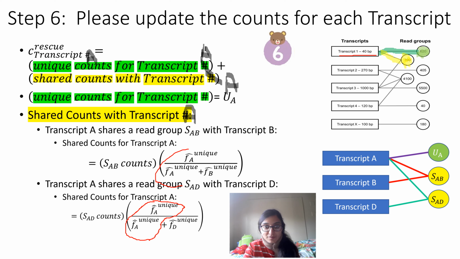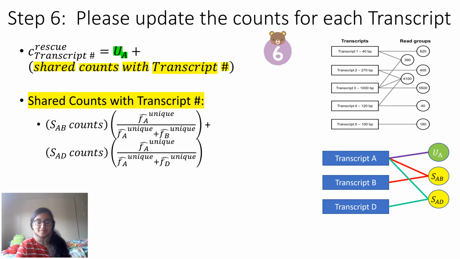If you're sharing it with multiple groups, then you just tack on the multiple groups to it as well. We're going to cover that example and I'll explain it there. That's how you get these shared counts here. Then you take these values and sum them up. That's how you get SAB counts and SAD.